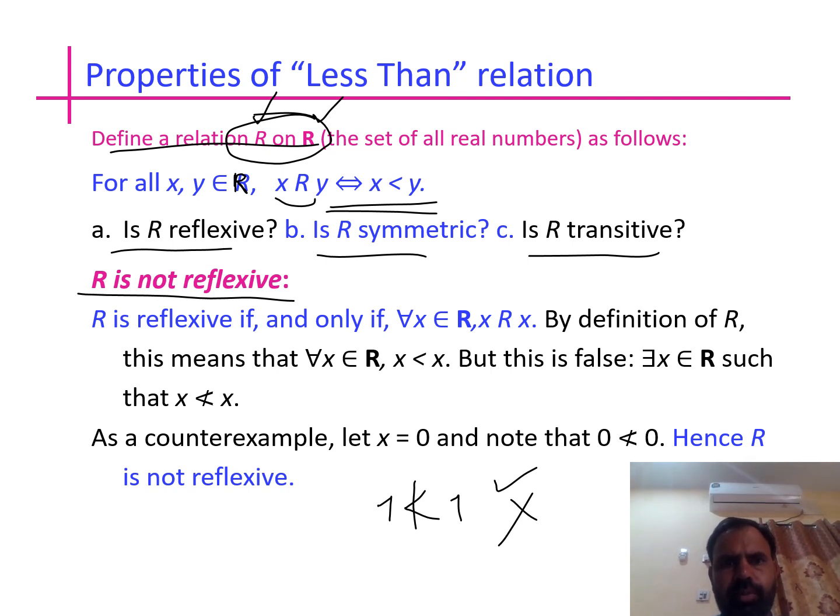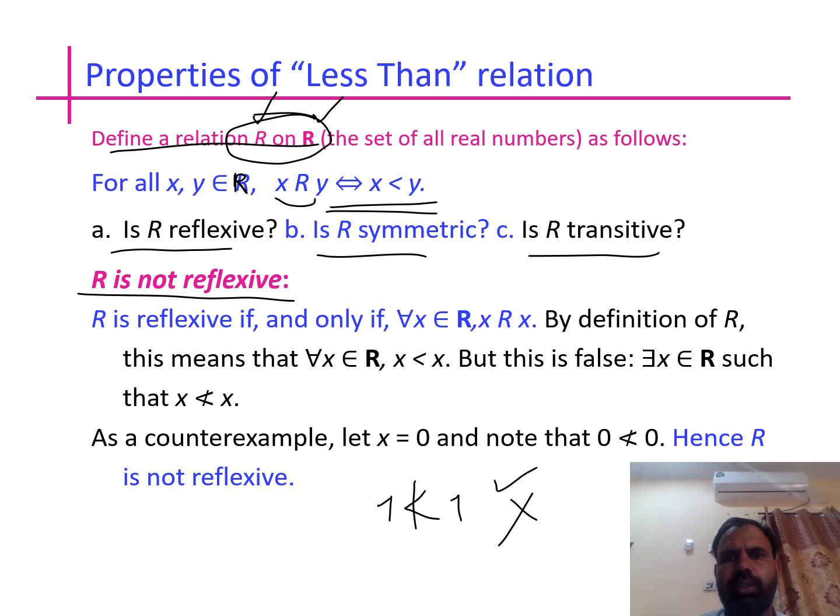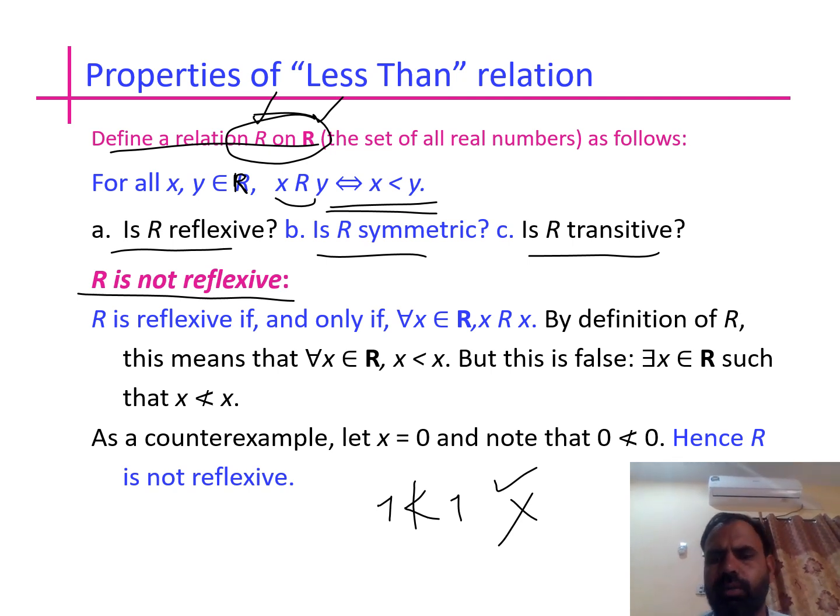So there exists x belonging to R such that x is not less than x. As a counterexample, let x equal 0 and note 0 is never less than 0, hence R is not reflexive.